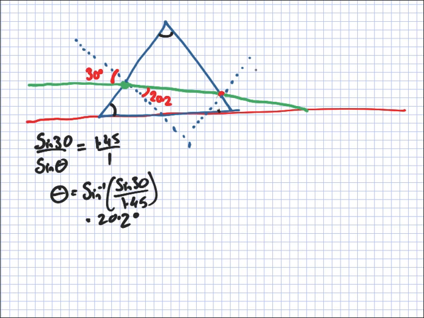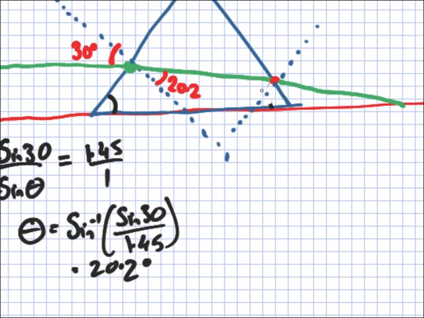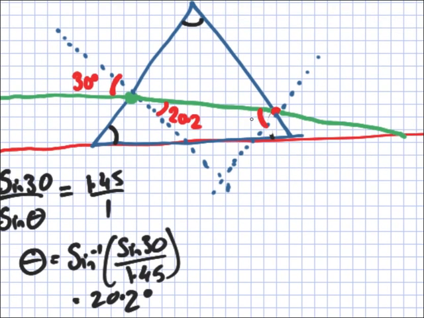Okay, so let's try and zoom in here, and we have to figure out this angle. Now I know it looks like it, but we don't actually know that this here is 90. If this was 90, that would be nice, but we don't. So you need to figure out this angle.